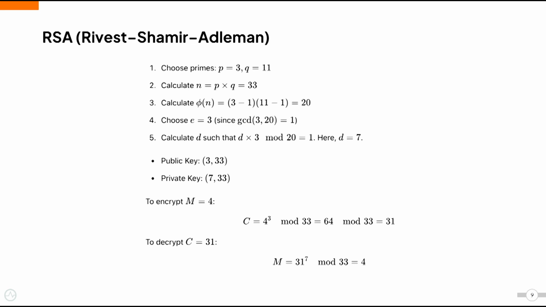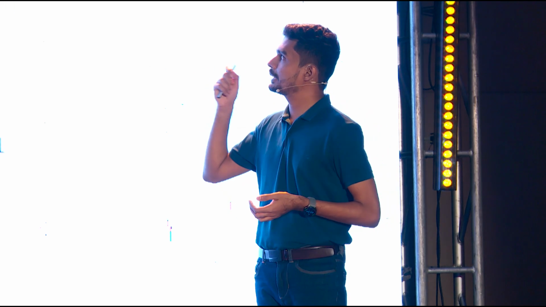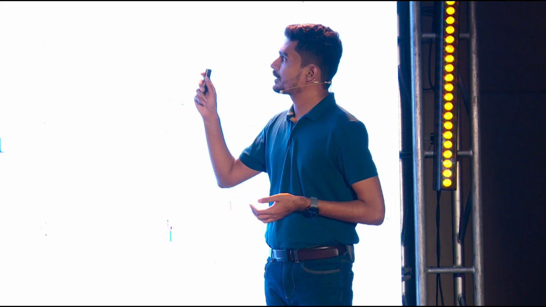In this algorithm, you take two large enough prime numbers, but for demonstration purposes, I'll be taking two small numbers. So I have selected 3 and 11 as the two prime numbers I'm going to use. Then I take the multiplication of that, which is going to be 33. Then I calculate another number.